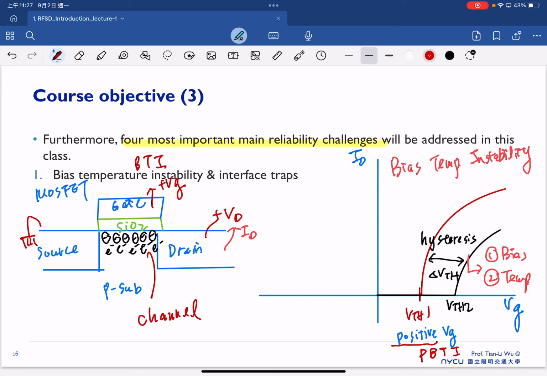Since we have PBTI, that means we possibly also have NBTI. That means we apply negative gate bias and then we will see the negative shift. This will happen in the case of the P MOSFET. But now we have to mention again, this is a case of N MOSFET.